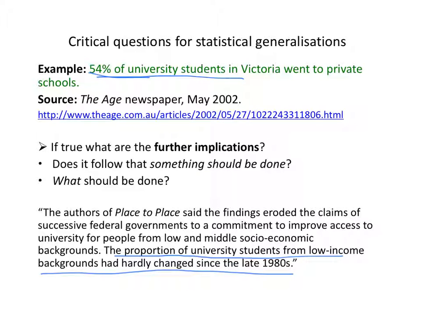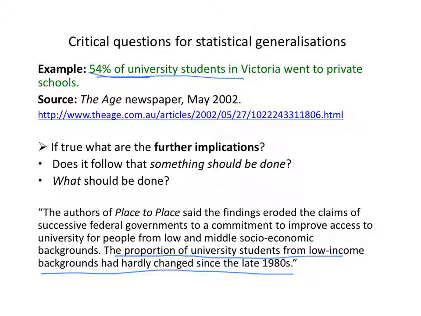Just returning to the original claim about 54% of university students in Victoria going to private schools, that is a slight over-representation of private school students. Another kind of question you might ask is, is it increasing or decreasing?